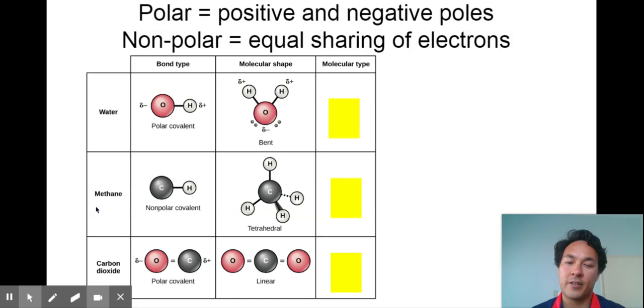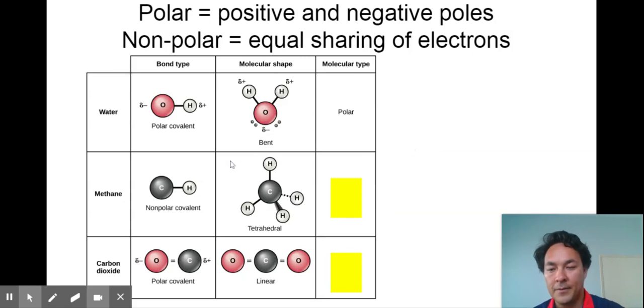And so the electrons will be around the oxygen more often because oxygen has a bigger pull, a bigger number of protons, so it's stronger. It is what we call the more electronegative element. It's going to attract those electrons. So therefore, in a water molecule, the hydrogens will tend to be more positive and the oxygen will tend to be more negative, which makes it polar.